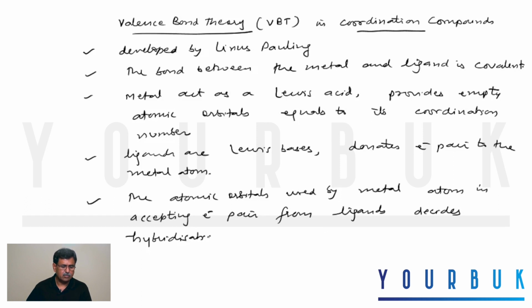Suppose the metal is using 1s and 3p's, then the hybridization will be sp3. If the metal is using 1d, 1s and 3p's, then the hybridization will be dsp3, and so on.